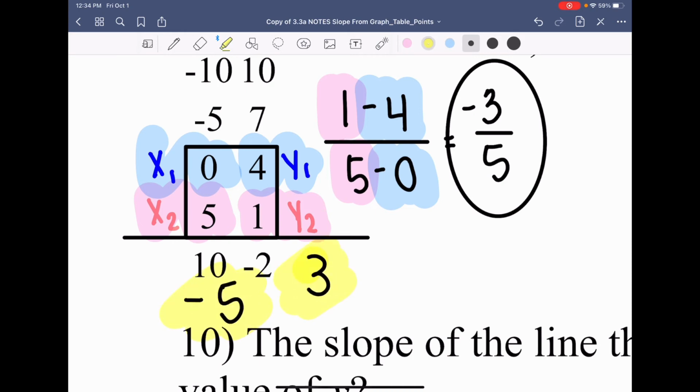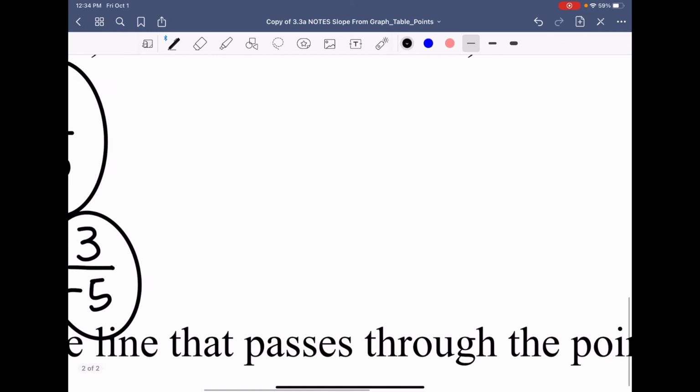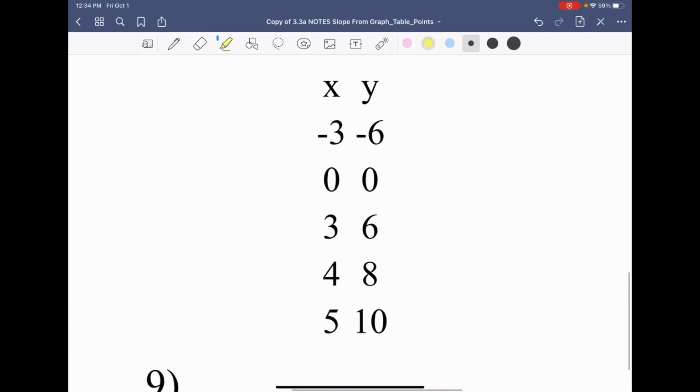So remember, it's the change of y over the change of x. So you just make sure that you put your subtraction of y's on top, and then your subtraction of x's on bottom, and therefore you do get the same slope.